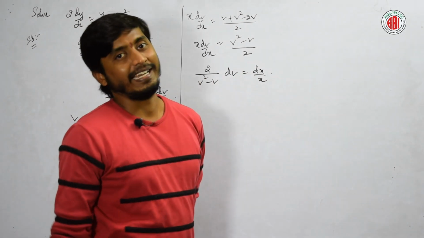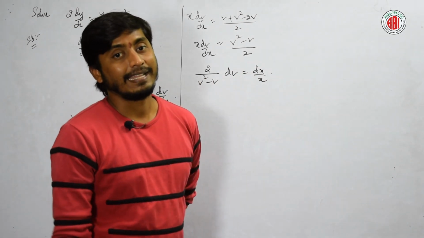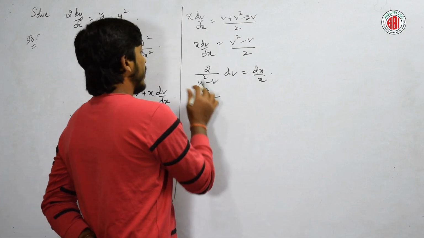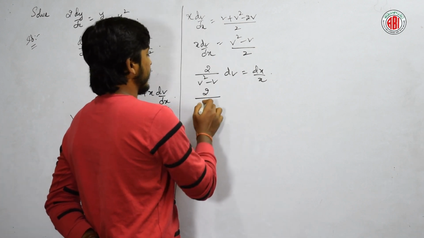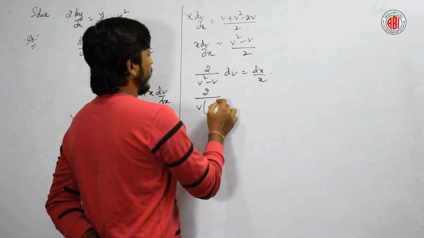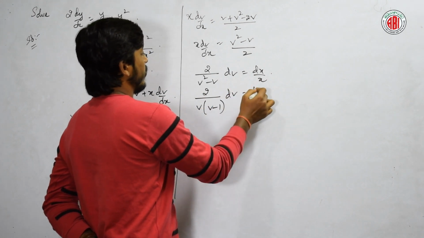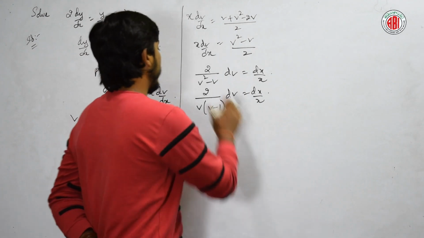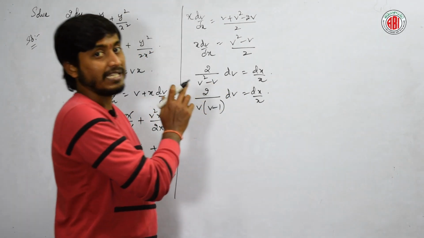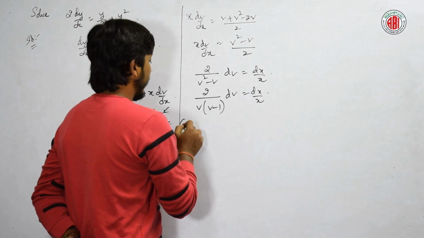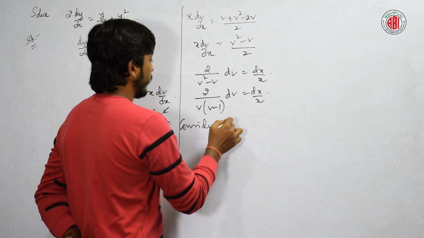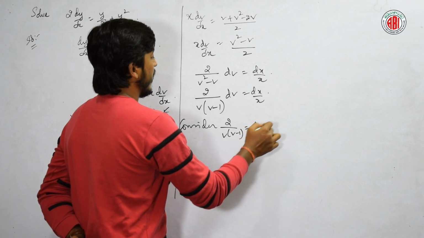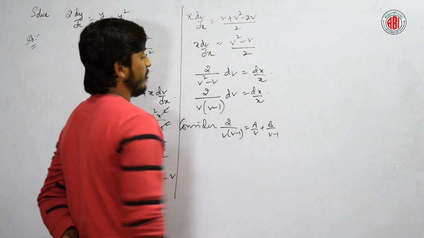Now how do we integrate this? That is nothing but our partial fractions method. How? Let us segregate this into 2 by v into v minus 1 dv is equal to dx by x. Is it okay? Shall we do this as partial fractions? So let us consider 2 by v into v minus 1 as a by v plus b by v minus 1.